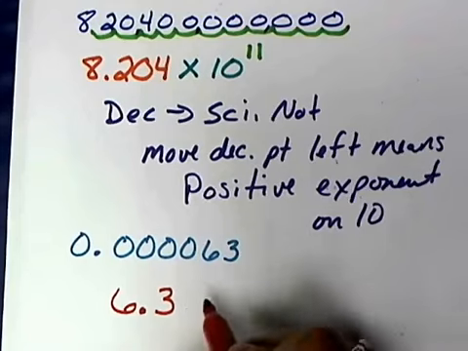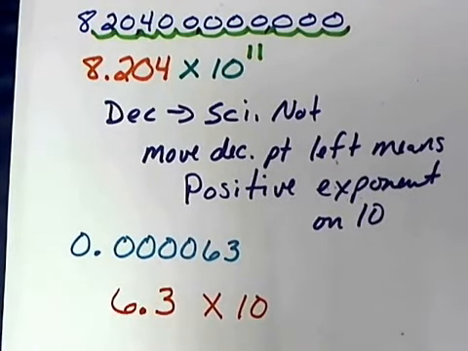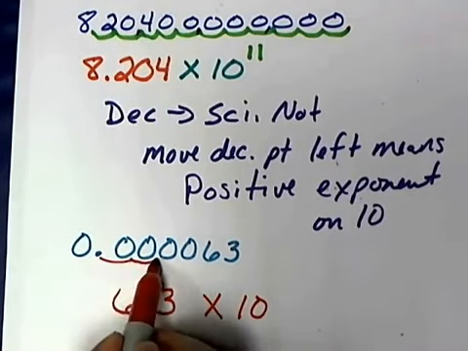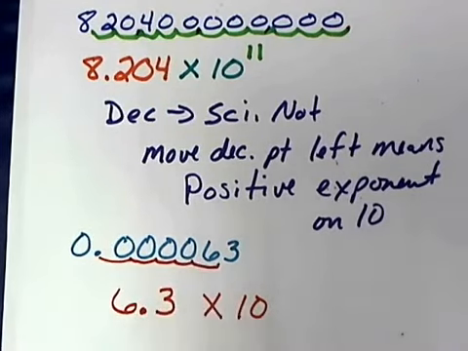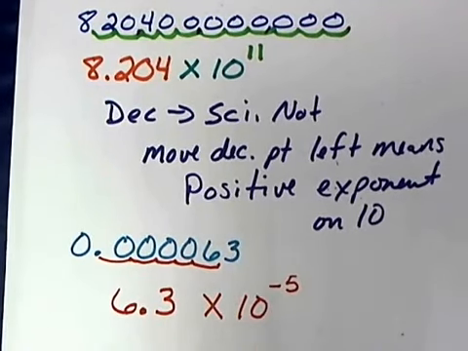We have to have times 10 to the, because this is writing it in scientific notation. And now we count. We moved 1, 2, 3, 4, 5. But the number 0.000063 is an itty bitty number, which means that our exponent will be negative to make it smaller.